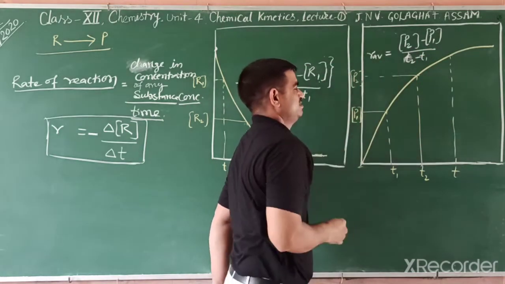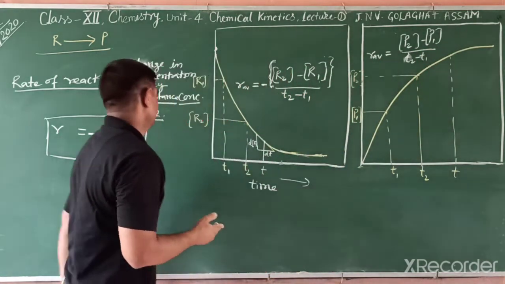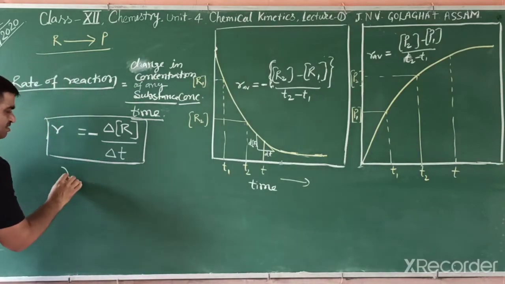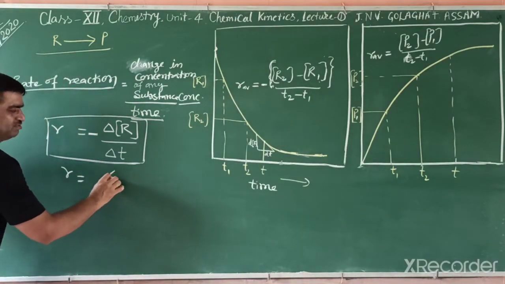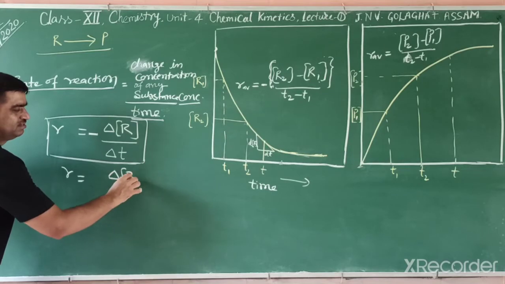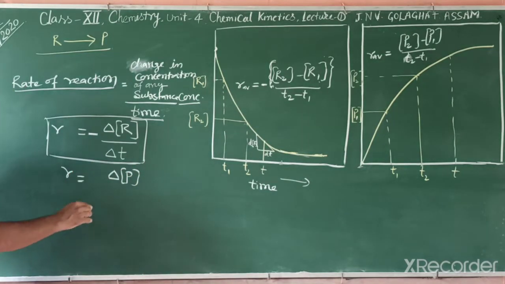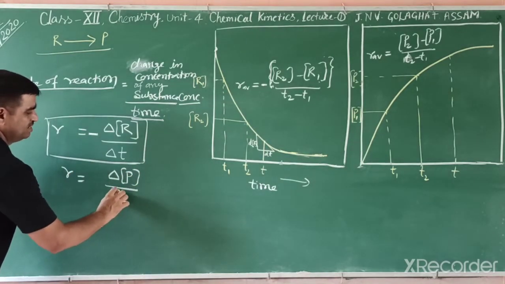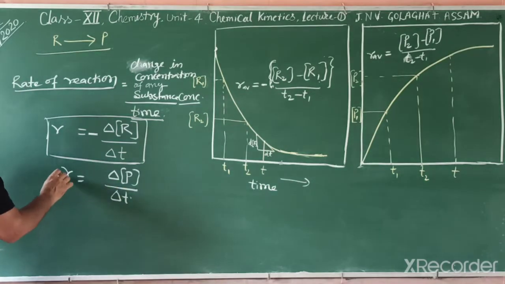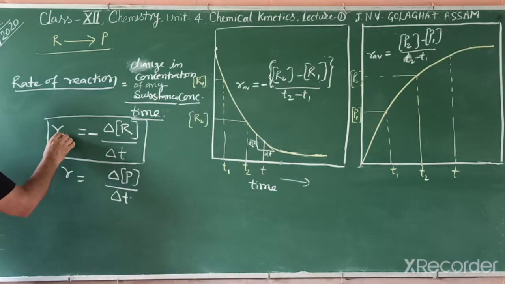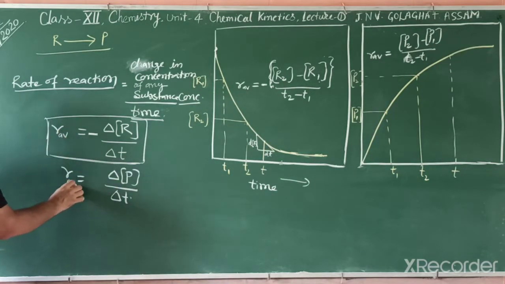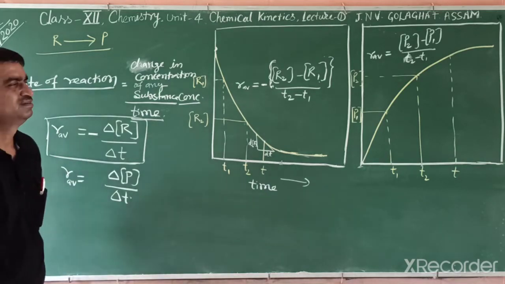So we can show it as R equal to delta P, change in concentration of product, divided by delta T. This rate is known as the average rate, average speed.